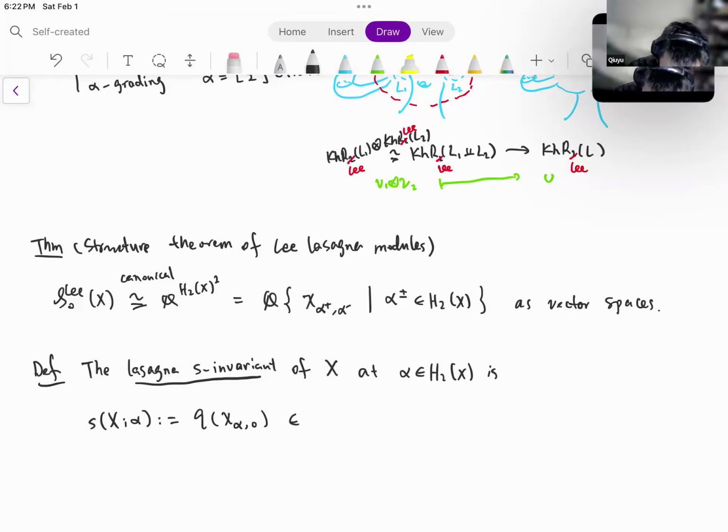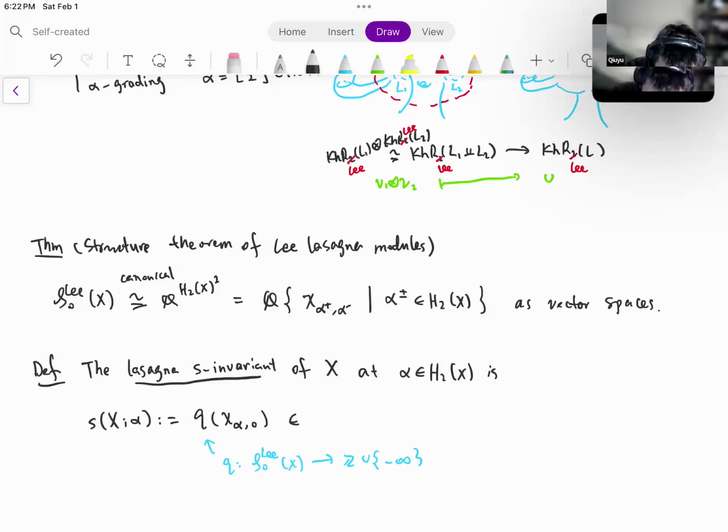So this Q is the quantum filtration function on my Lie skein lasagna module. And a caveat is that this filtration function might send a non-zero element to negative infinity.